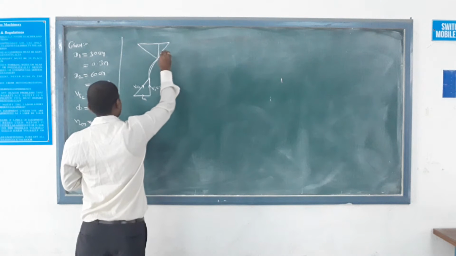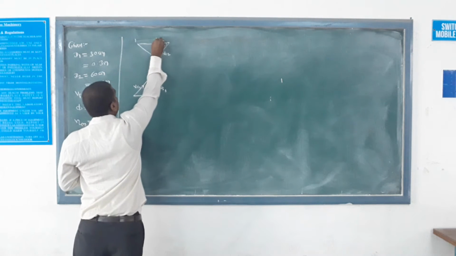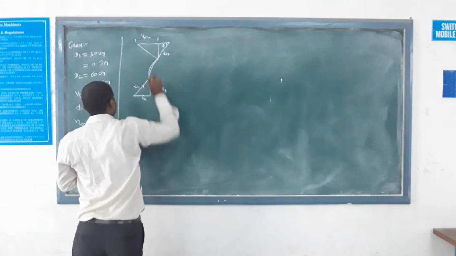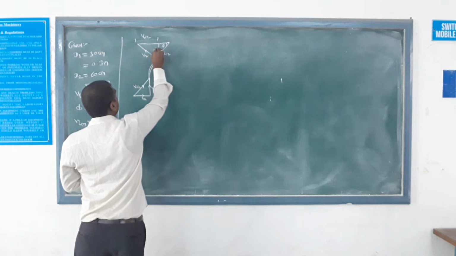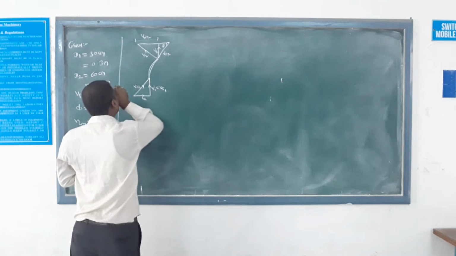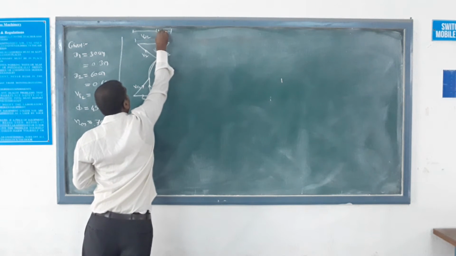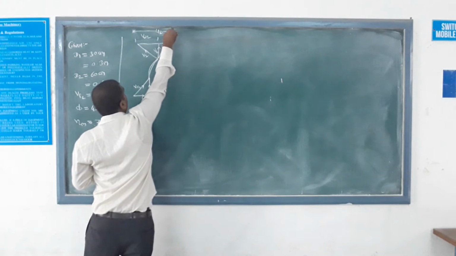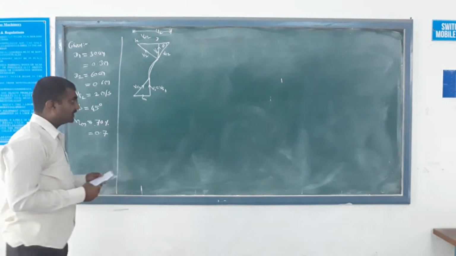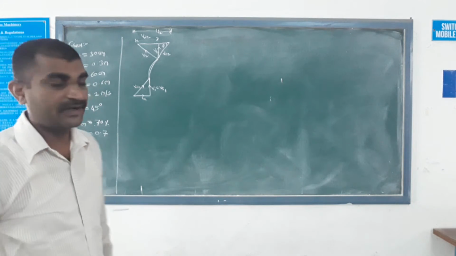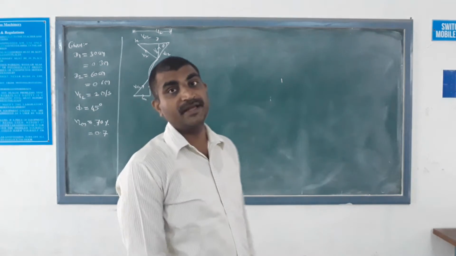This is Vr2, angle phi, Vw2, and this is V2. This is Vf2, the vertical component.